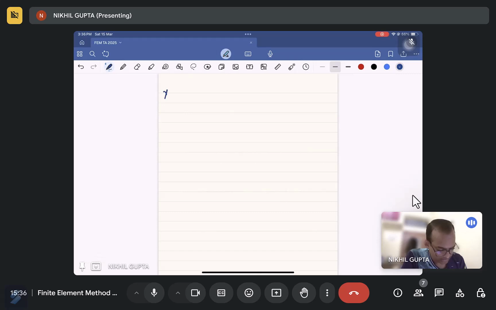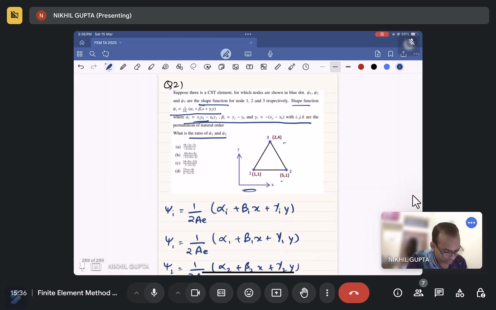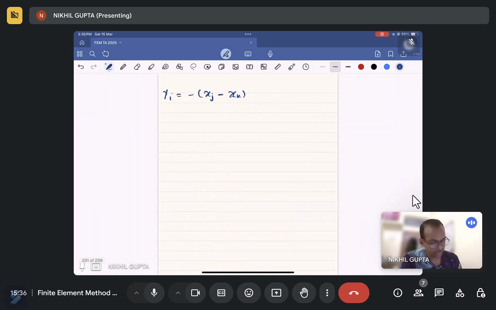Gamma I is given as minus of xj minus xk. We'll check once. Yes, it's xj minus xk with a minus sign. So it is written like this. Now let's calculate gamma 1. When you calculate gamma 1, you will get x2 minus x3.